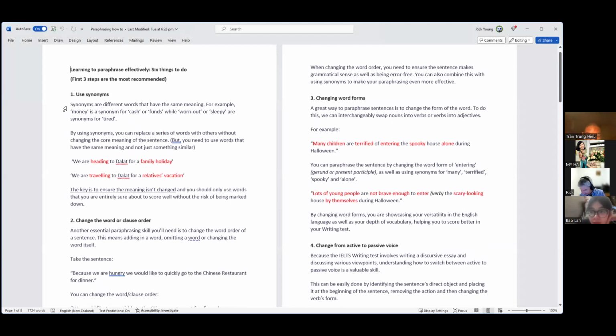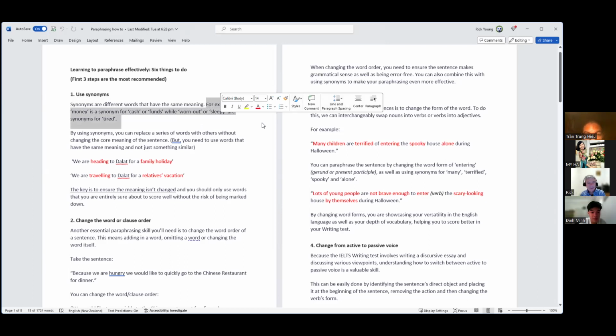What are synonyms? Fang Hu, what is a synonym? A synonym are different words but have the same meaning. Correct. For example, Ding Ming, keep reading.